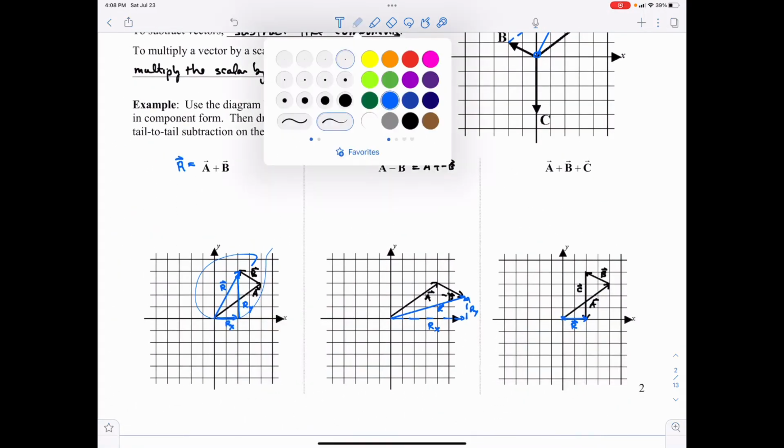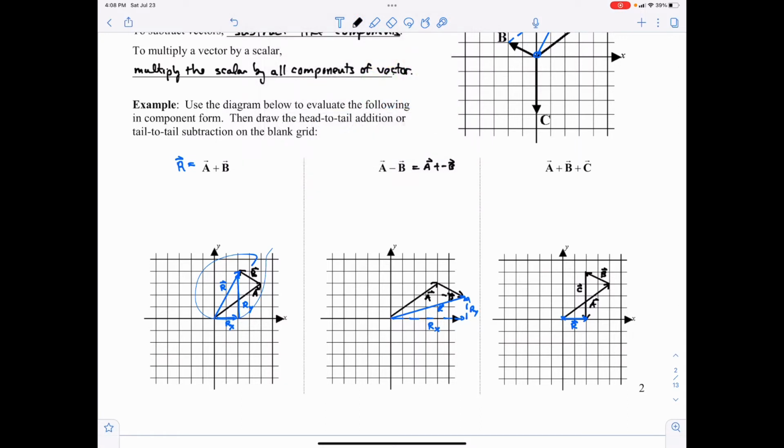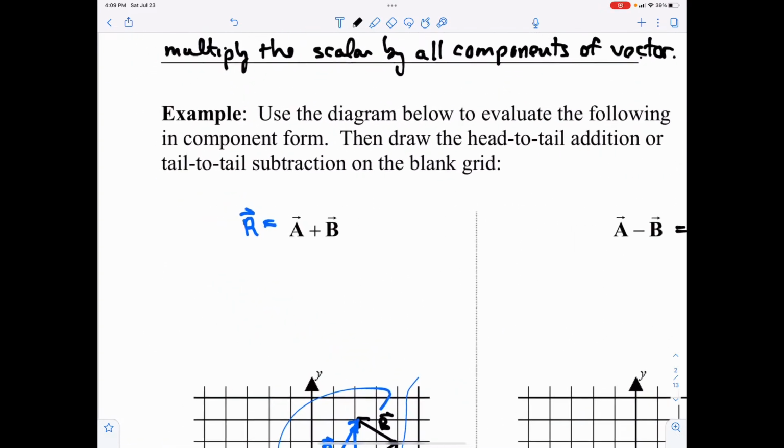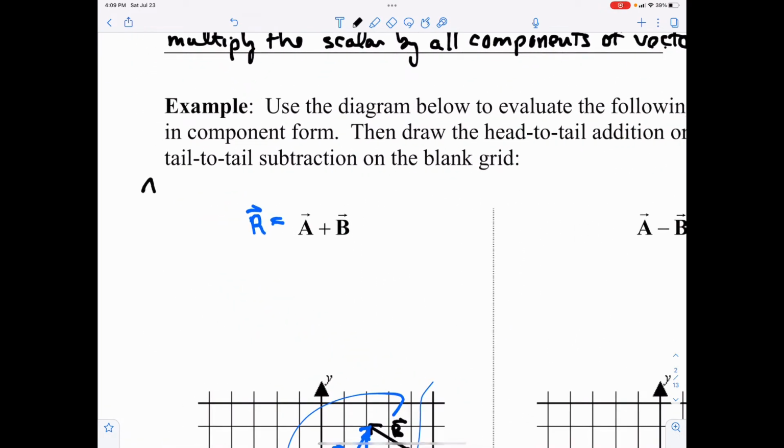Okay, so now to show this using component addition method, I showed this using the vector geometry. Let's show it a different way too. Vector A, again, is 4i plus 3j. Vector B is negative 2i plus 1j, or 1 in the y direction.